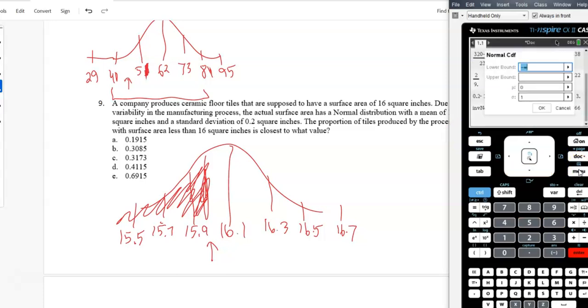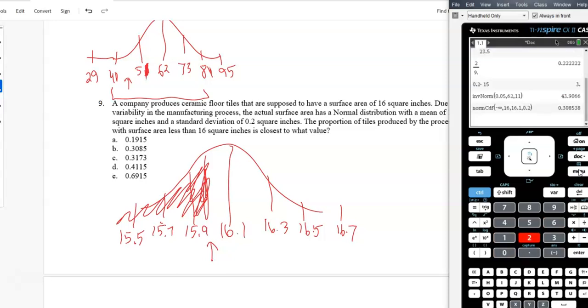The default lower bound is negative infinity, which is what we want here. The upper bound is 16, the mean is 16.1, and the standard deviation is 0.2. And so we get 0.308, so you would want to say 30.8%.